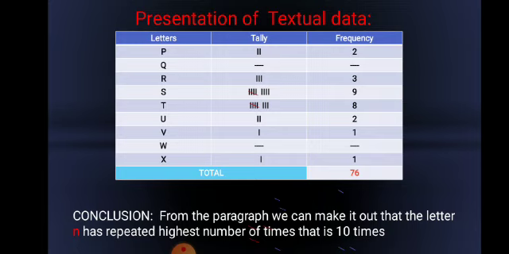So N is repeated 10 times, that is the meaningful result we have extracted from the raw textual data. Got it, everyone? How to bring the meaningful result out of the raw textual data? By preparing a frequency distribution table, and we found out that N is repeated 10 times.